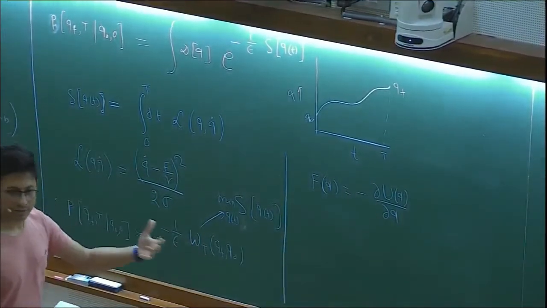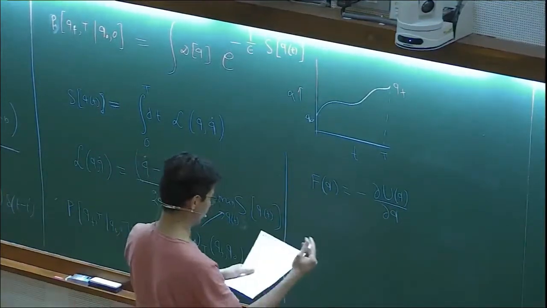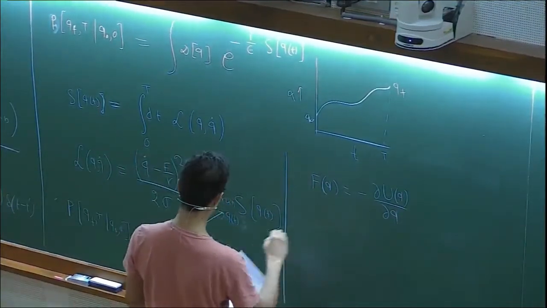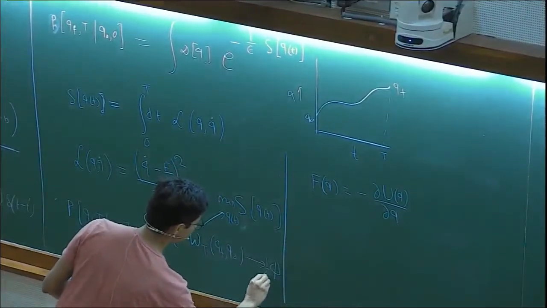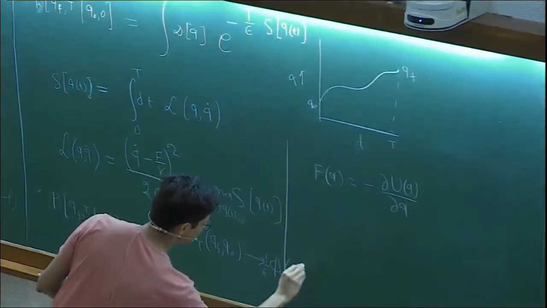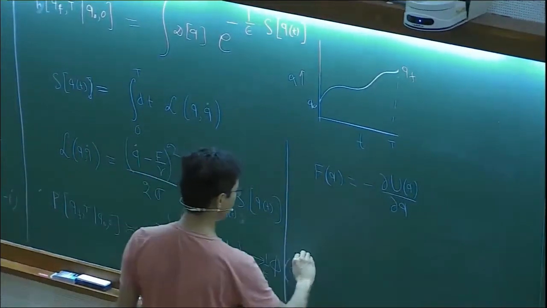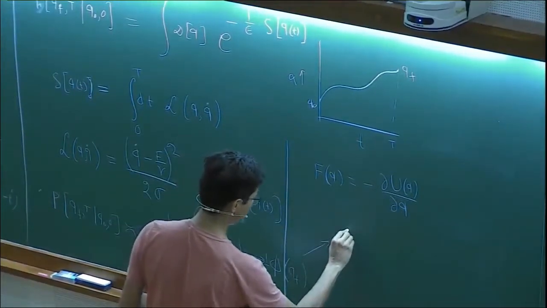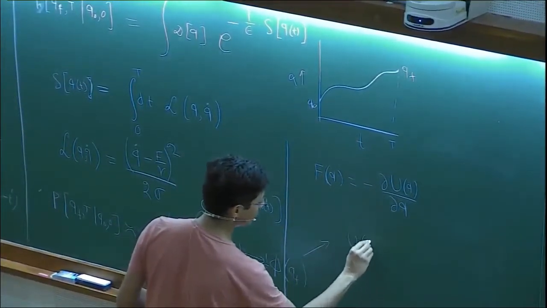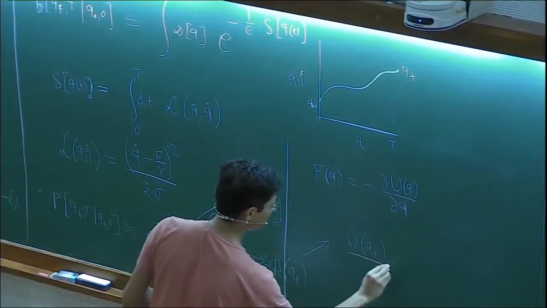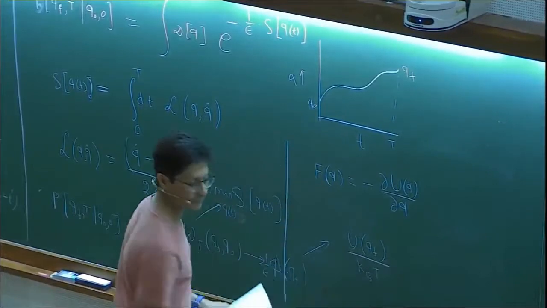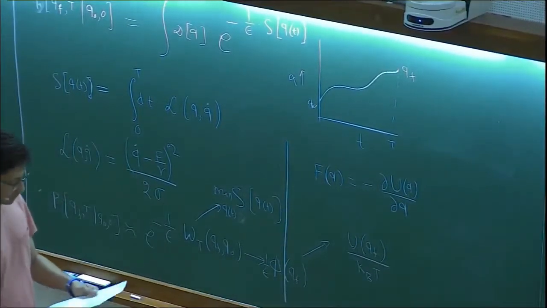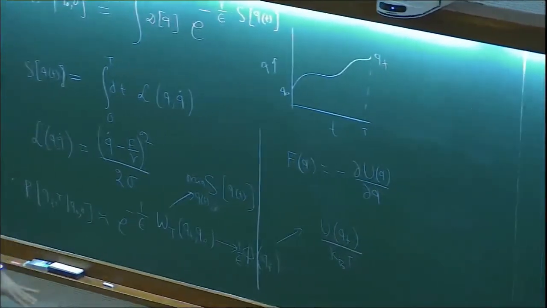And we derived the formula that we expect, that this function at the large T limit simply becomes 1 over epsilon phi of Qf. It forgets about its initial position. And phi is nothing but U of Qf divided by k_B T. So this was the temperature. Okay, so that was done in the Lagrangian picture.